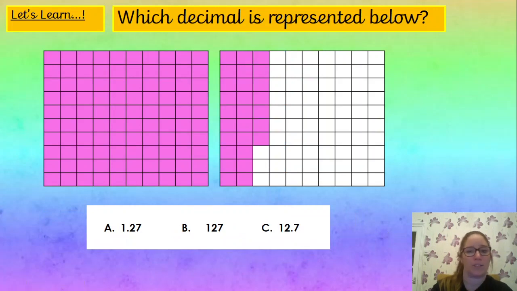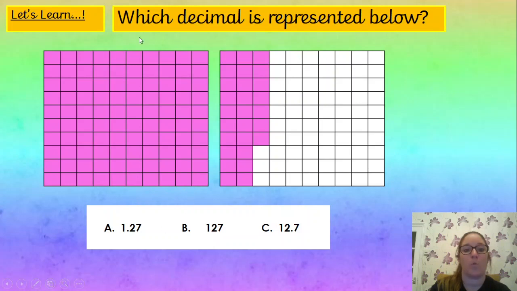Which decimal is represented below? Okay, so think carefully about the decimals that we did yesterday when we were converting them to and from fractions. Okay, so we've got 1 whole here. So if you think back to our place value grid, okay, we had ones, tenths and hundredths, where did the decimal point go?